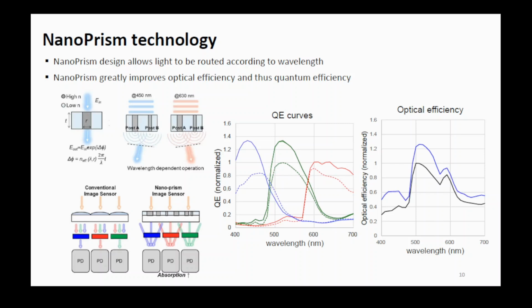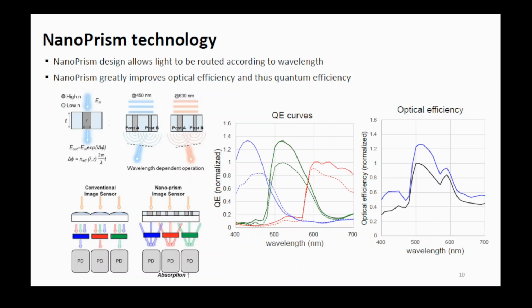For example, we can control the phase delay when the light passes through this layer by controlling the size of the high refractive index material. So if we design the CD, the size of the pillars, very well, then we can route the direction of light according to wavelengths.